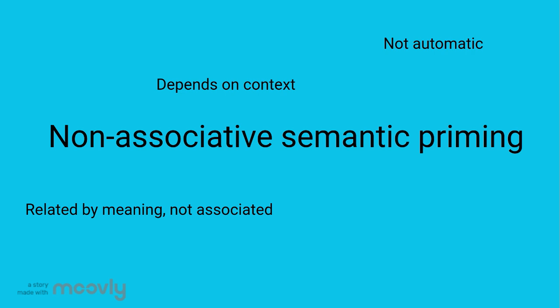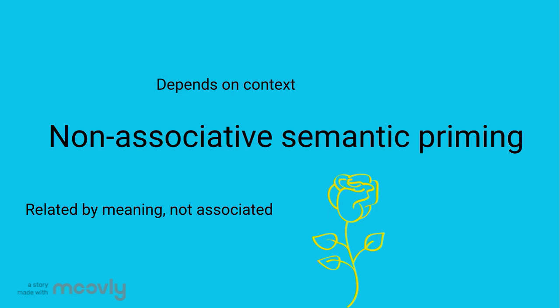Just like previously I mentioned it was the pants and the shirt, but this one is very different. For example, when you look at a rose, you think of love, you think of Valentine's Day, but you don't think of a sunflower. Yeah, sure, both of them belong to the same category, but you just don't associate them together. They may have the same meaning, they may both be flowers, but you just don't associate them together.